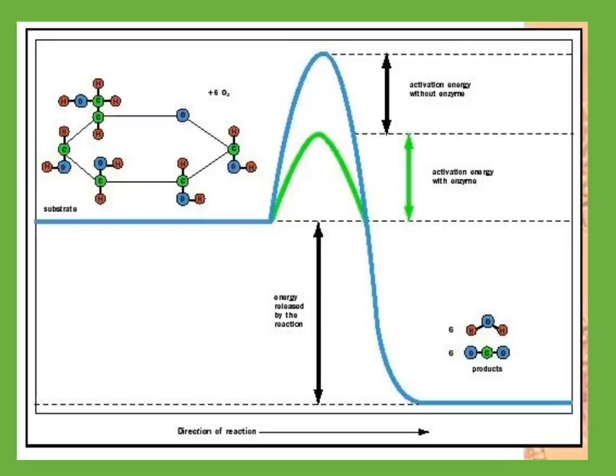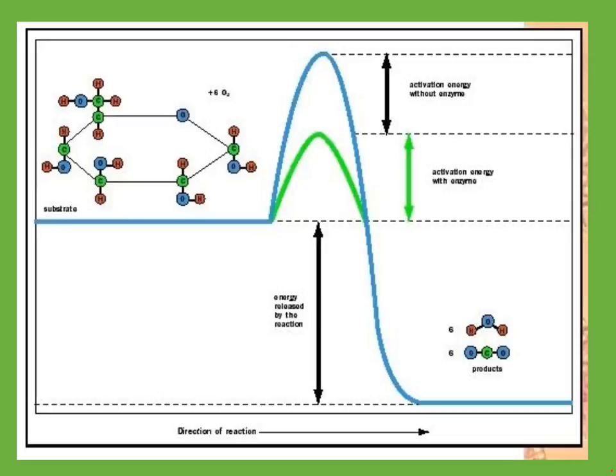With the first graph, the blue graph, no enzyme is involved. And that is why the activation energy in this case is very high, and the reaction occurs so slowly.